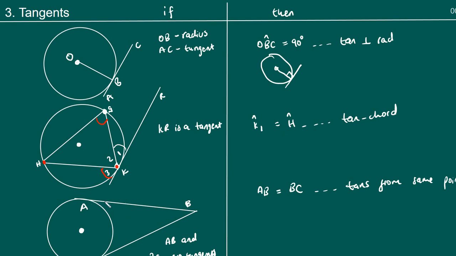Then if tangents are from the same point, meaning AB and BC, if they are tangents, right, you conclude to say AB must be equal to BC, because these are tangents from the same point.